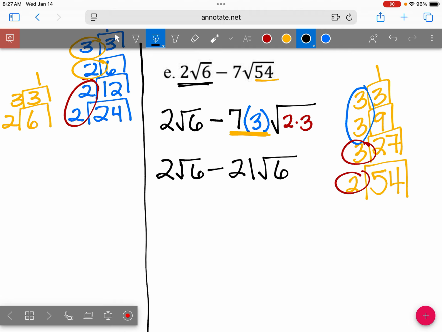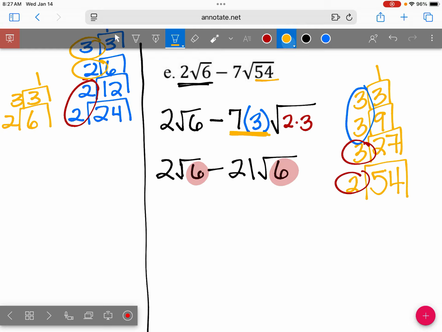Are these like terms? Do they have the same number under the hood? Yes, they both have a 6. So because they both have 6, we can do whatever operation it is asking us to do with the numbers in front.